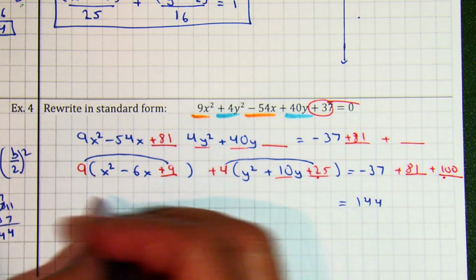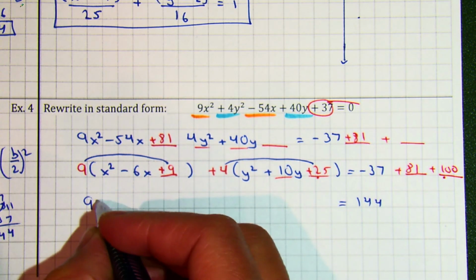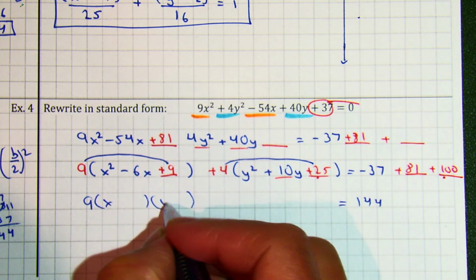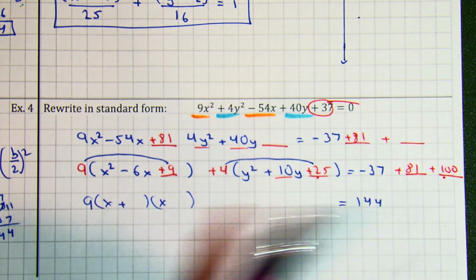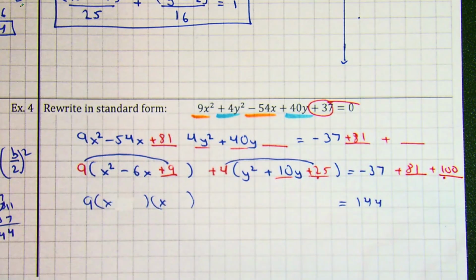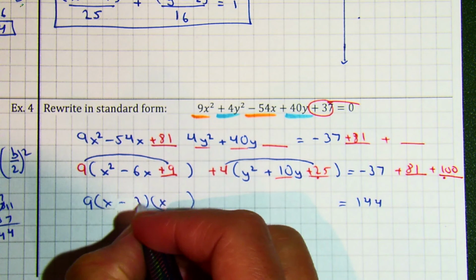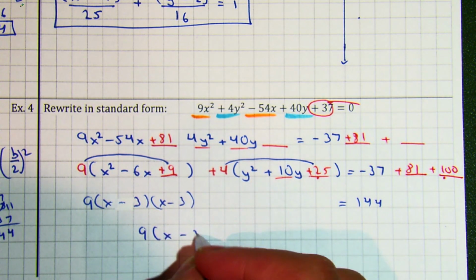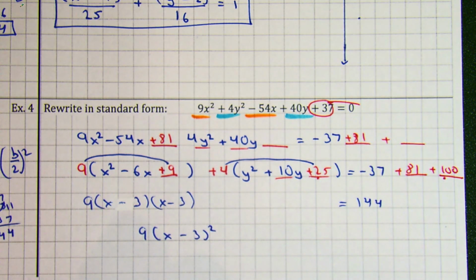I'm going to factor this out, so it'll be 9. We know that this is x and x. Positive 3, no, negative 3, negative 3. Nine times x minus 3 squared plus 4.